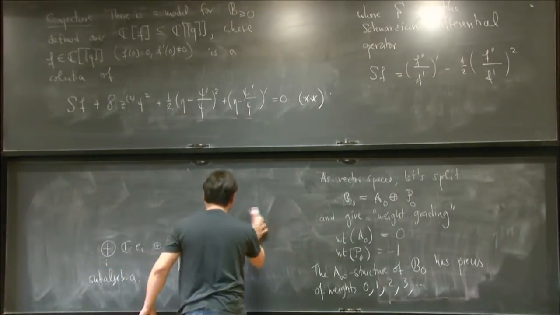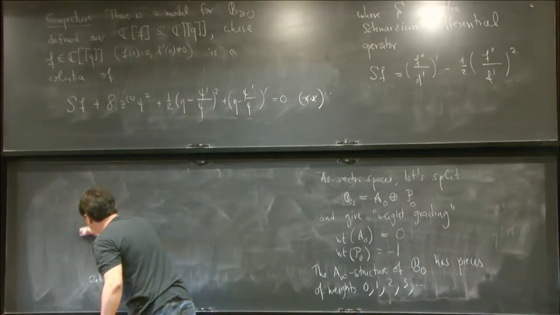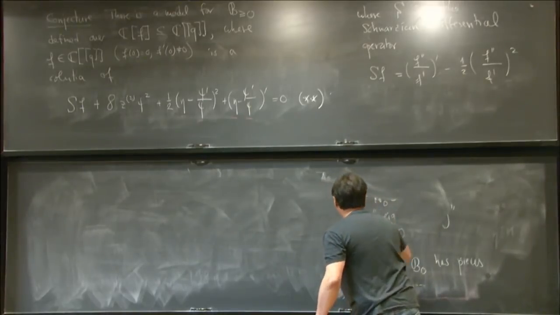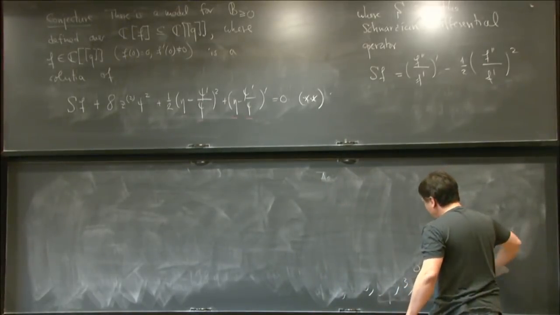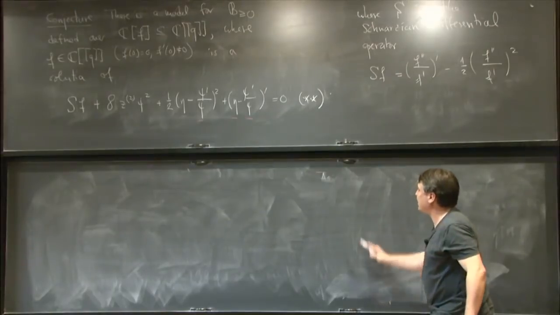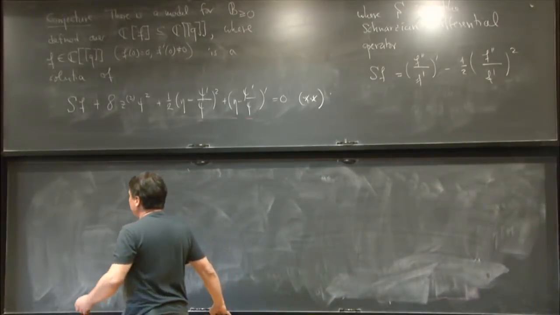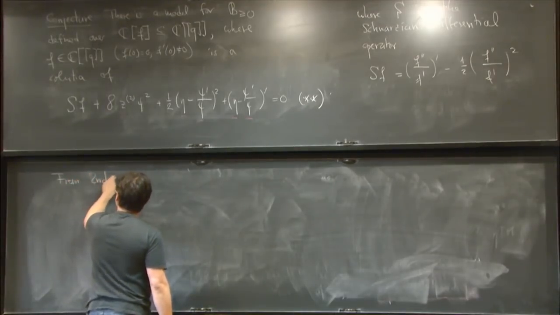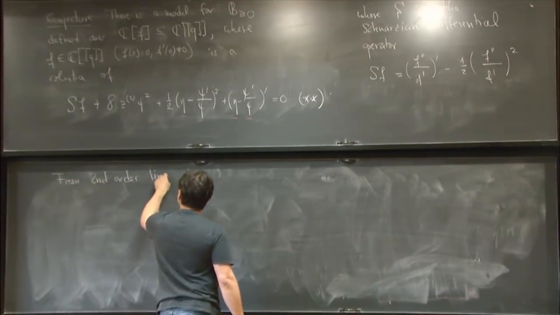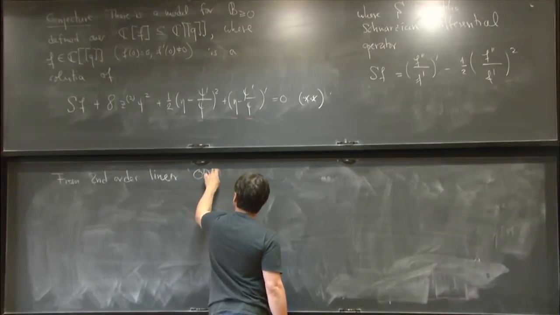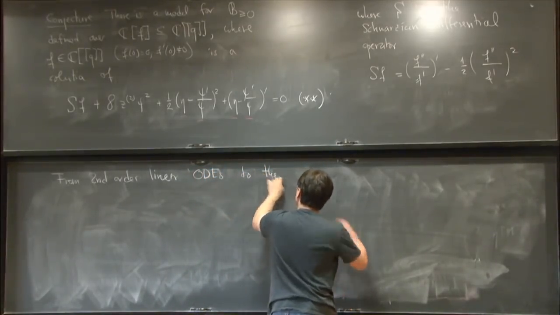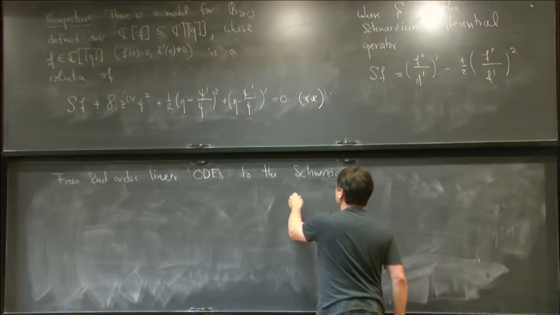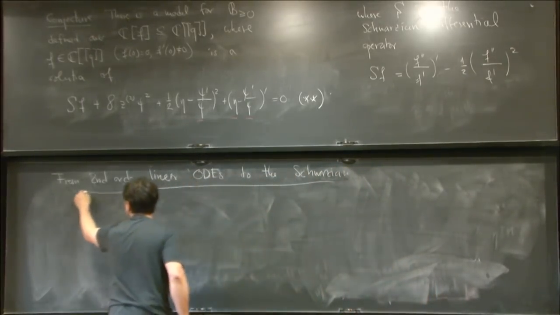The first occurrence of the Schwarzian operator historically, sometime in the 19th century, is exactly how it occurs here, which is in terms of second-order linear differential equations.